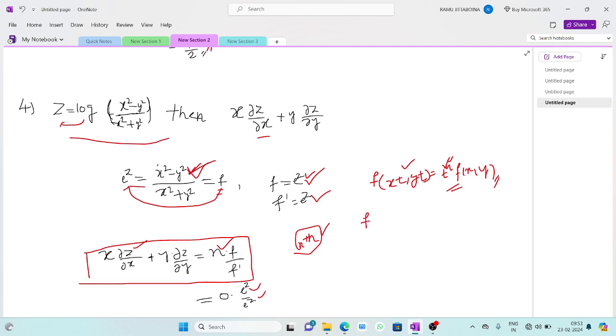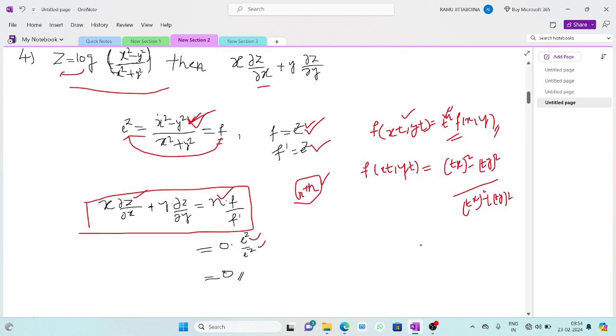How much is the order for this function? f of tx, ty is equal to (tx) whole square minus (ty) whole square divided by (tx) whole square plus (ty) whole square.